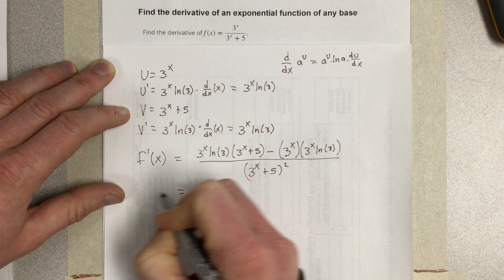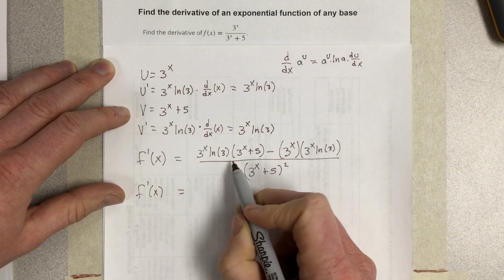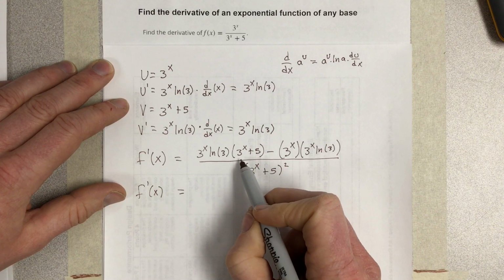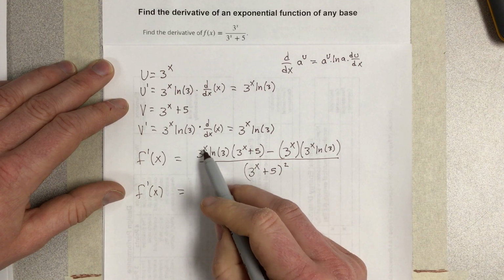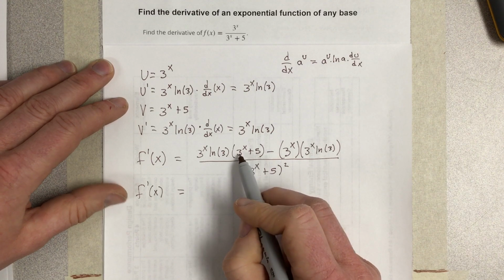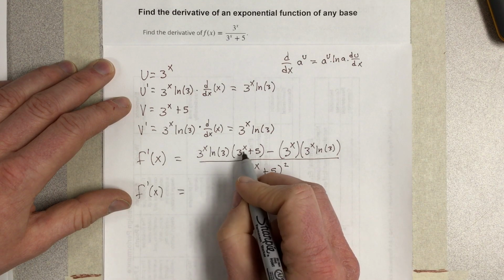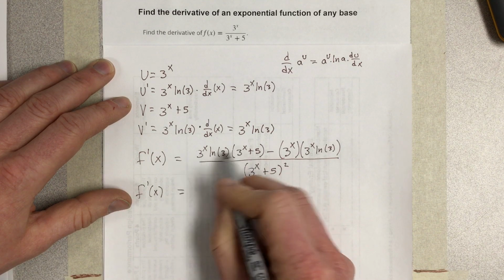Now we could do some simplifying here. Let's say f prime of x is equal to, if I want to simplify a little bit, I could take that 3 to the x and distribute it here. So that would be 3 to the x times 3 to the x. They have like bases, so we add the powers.